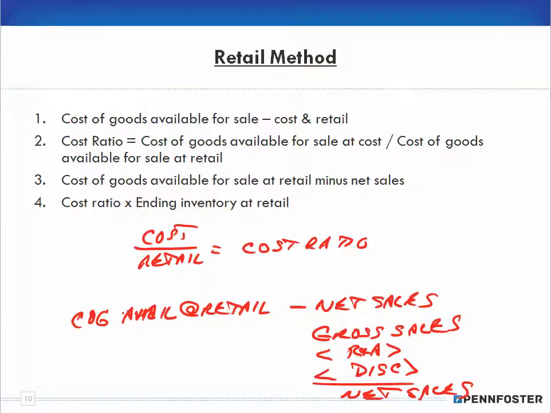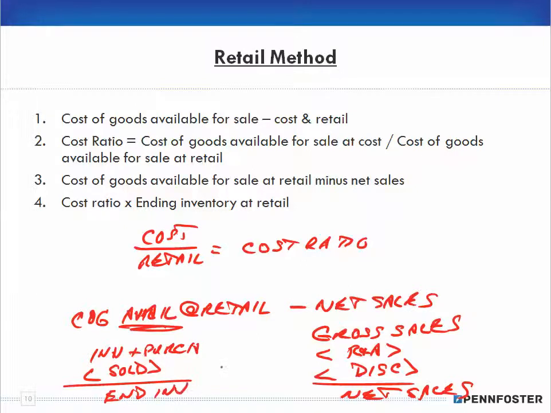Okay, so if I have my available, which means my inventory plus purchases, that's going to give me this big amount, and then I'm going to take out what I actually sold, right? That's my net sales, and what I have left over should be my ending inventory.